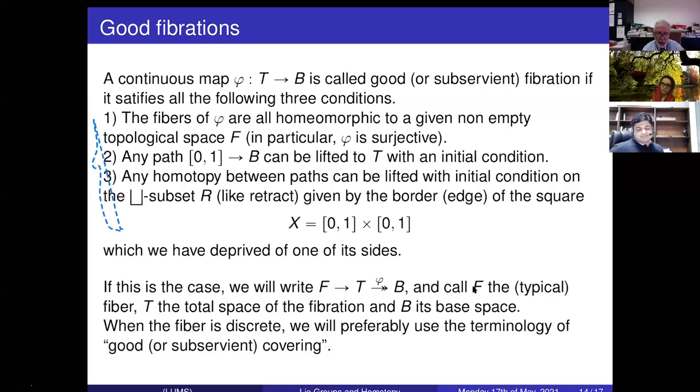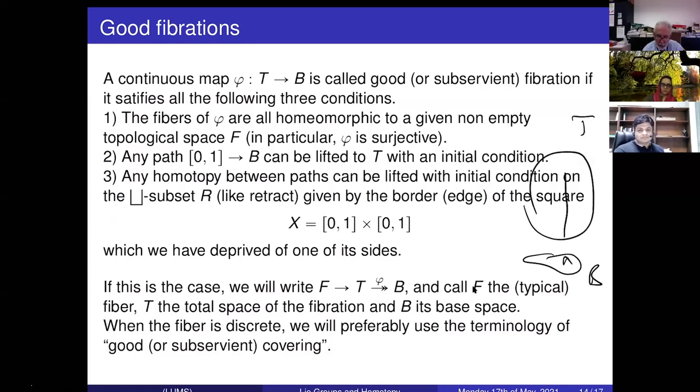The first one: all the fibers of phi are homeomorphic to a non-empty topological space F. The picture is the following. You have B here, you have T here, and each point has a fiber over it, which is the same. So all the fibers are homeomorphic.